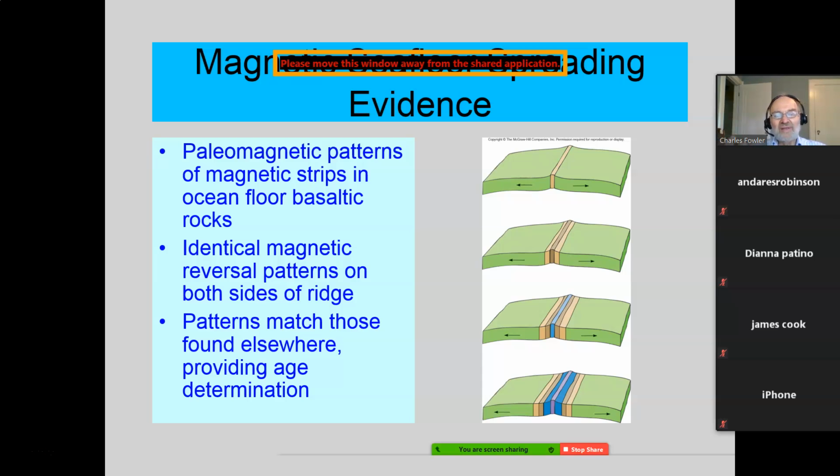It's just showing that it's pushing further out, and where you did have spreading on both sides, you'll see that in the middle here you have the same thing on either side. Here maybe another reversal going here and here, and these two match up together.